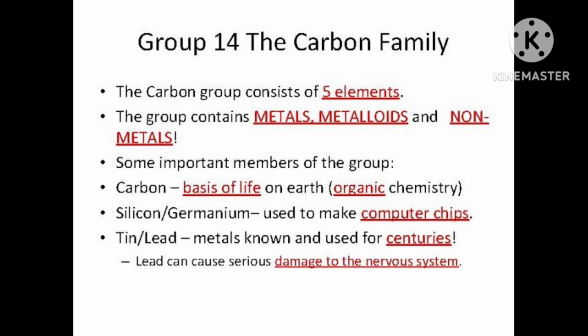This question is also asked. SnO and PbO, stannous oxide and lead oxide, are amphoteric. Every point is important for examination.